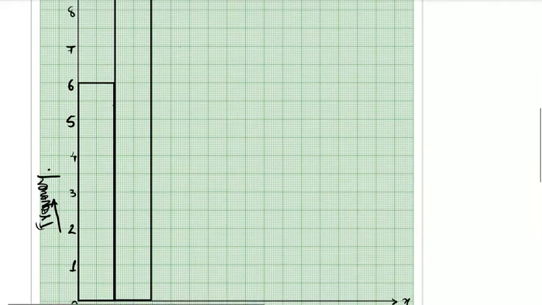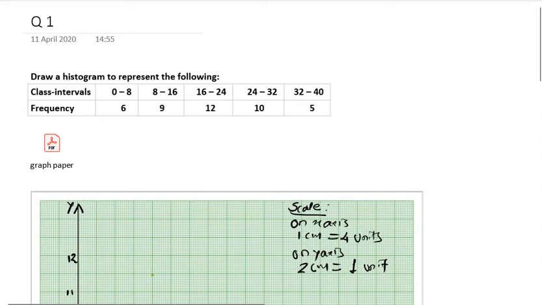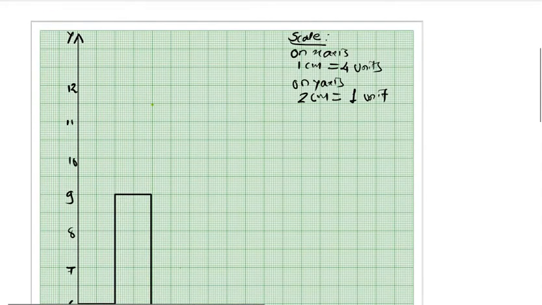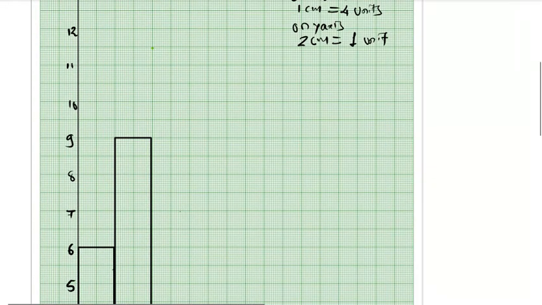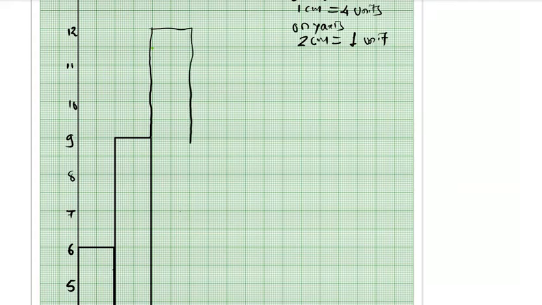All right, now I'm going to construct remaining bars: 16 to 24, 12. Let's do that. Now the freehand bars will not be accurate. See, my lines are not accurate, but I'll still try. So just don't mind them. You have to draw with a scale.